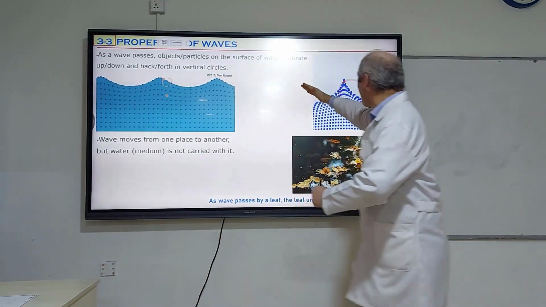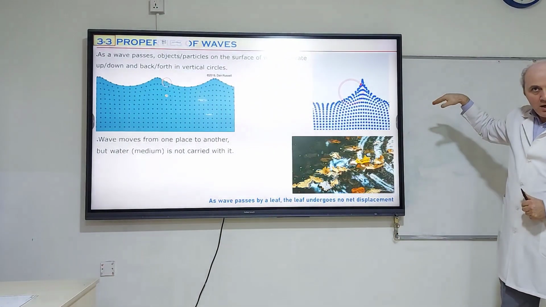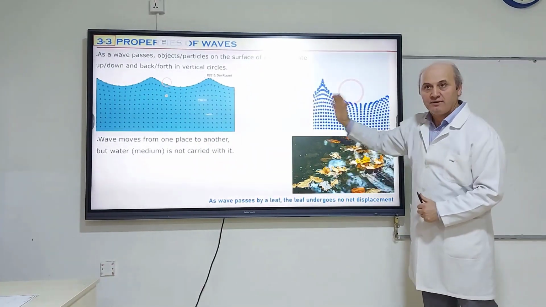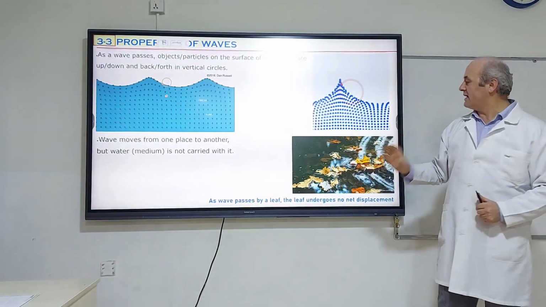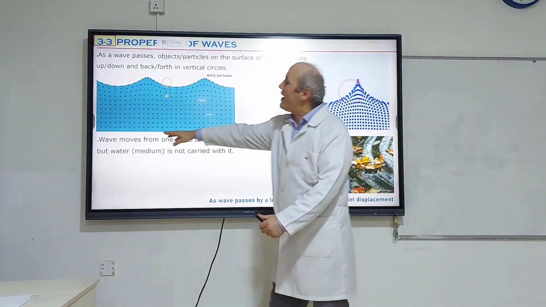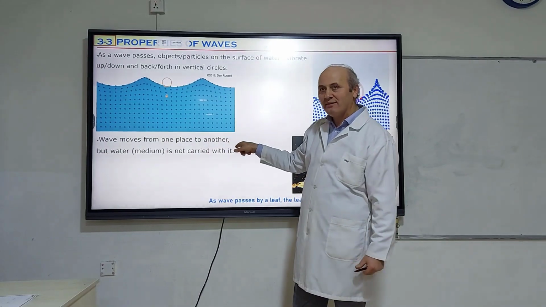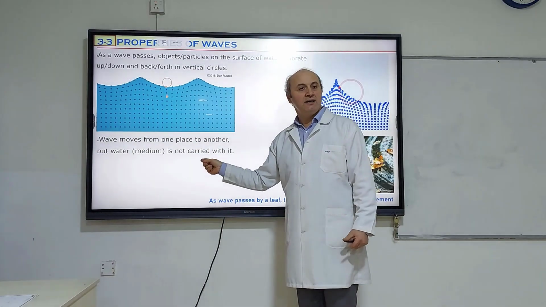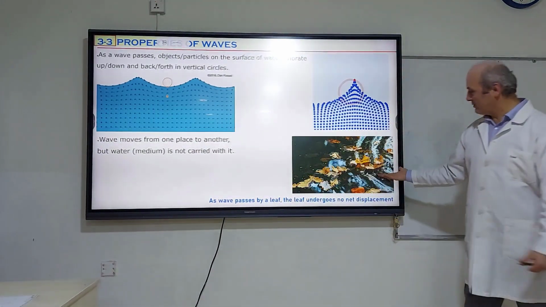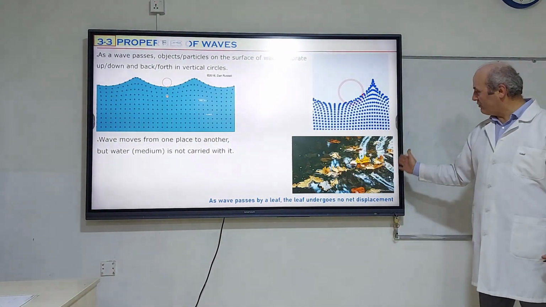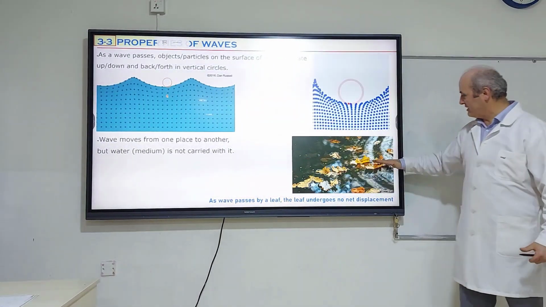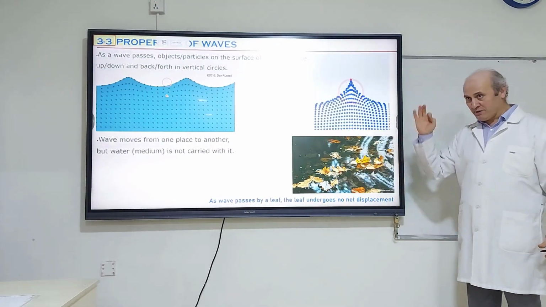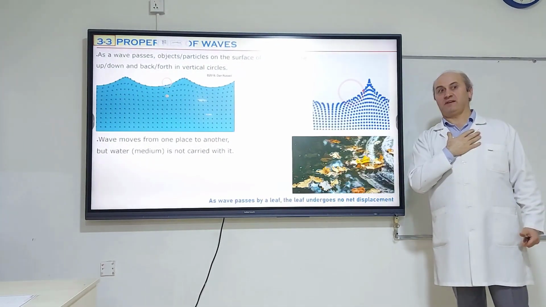That's why as a wave is passing by, an object may vibrate up and down, may vibrate back and forth, but its net displacement after one cycle is going to be zero. So waves move from one place to another, but the water, the particles of the medium, is not carried with it. Waves are moving from right to left, but the leaves are only moving up and down. Net displacement is zero. This is what a wave is in physics.